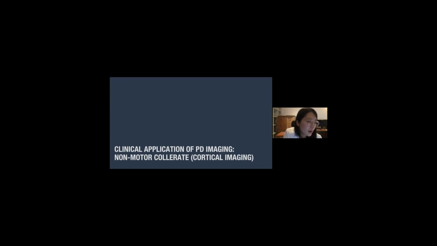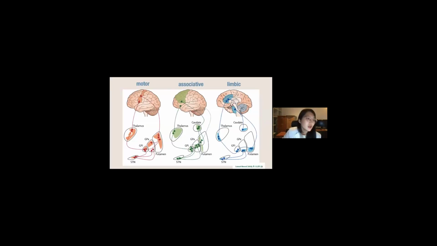Now I will talk about cortical involvement of Lewy body pathology, which results in various non-motor symptoms of PD. The basal ganglia are divided into motor, associative, and limbic subregions, which are topographically segregated and connected to motor cortex, red color, prefrontal cortex, green color, anterior cingulate cortex, blue color.